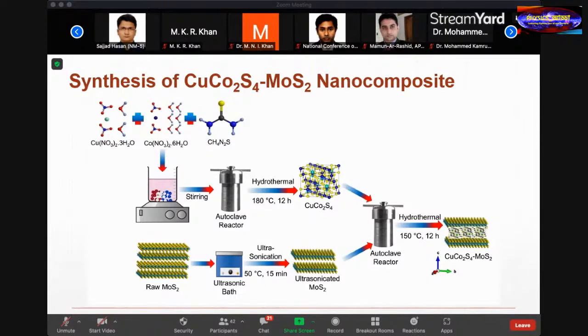It depends on the raw MoS2, what kind of raw MoS2, how much bulk you are using. We found that if you ultrasonicate for around 90 minutes, then some sheets of about 7 to 8 monolayers form. But in this case, interestingly, we found we can do all these things in situ. If you can do all this reproducibly in situ, we didn't go into a second step, right? We minimized one step.